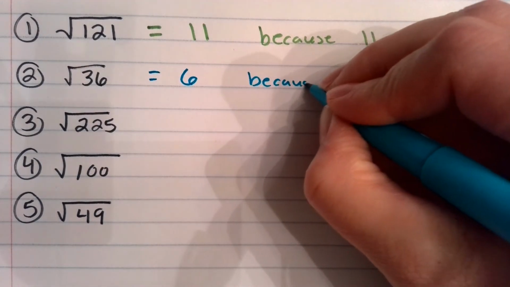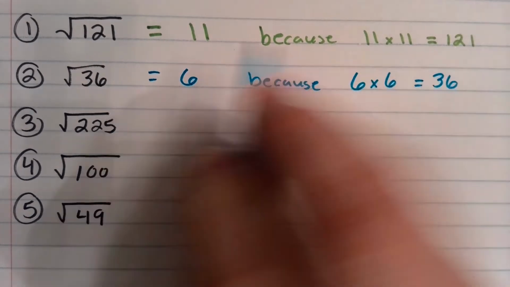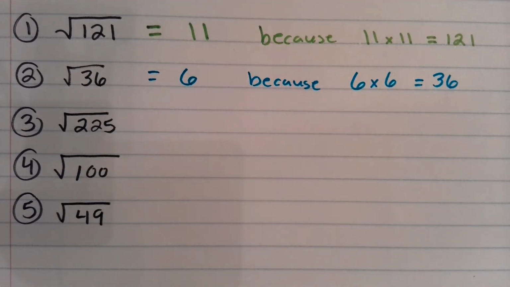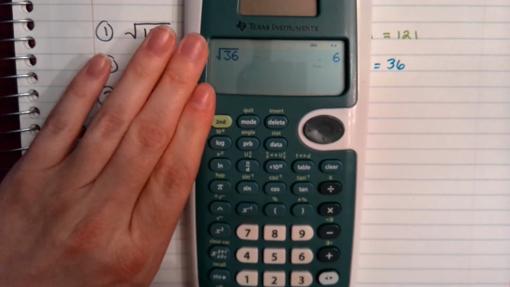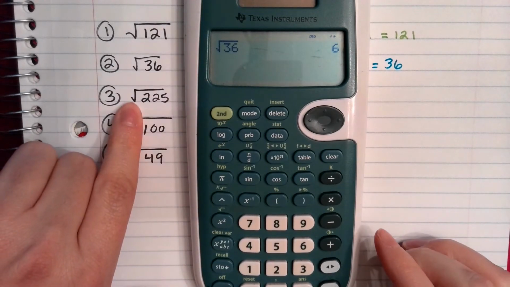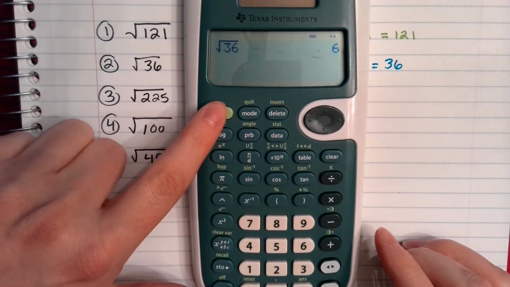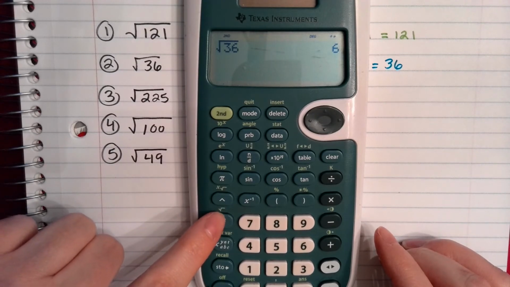So I want to write that down just so you guys know. 6 times 6 is equal to 36, so therefore my answer is 6. Let's go ahead and try this again. I'm going to zoom out a little bit so you can see exactly what I'm typing in. Okay, I want the square root of 225, so I need to hit the second button. Then I'm going to hit the x squared so that I get that square root button.